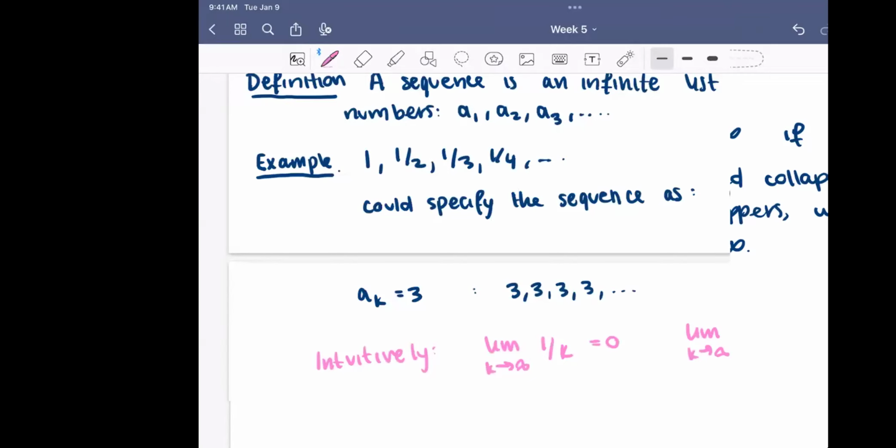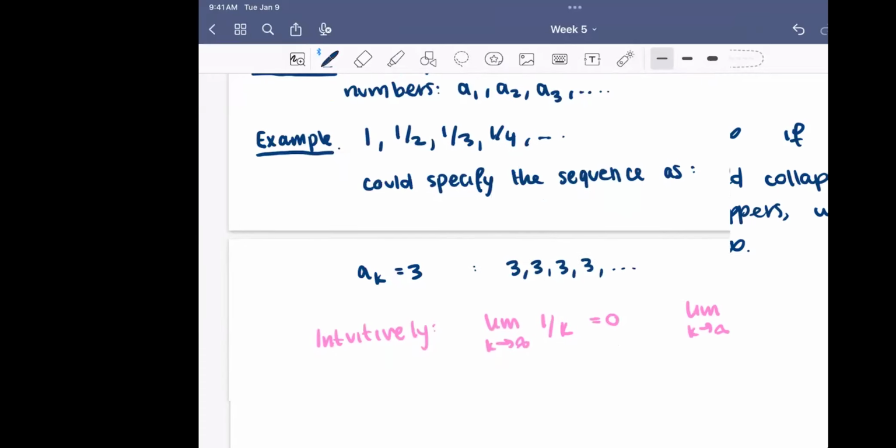We now need slightly different tools than collapsing collections, because here we're taking a discrete set of numbers rather than looking at entire intervals. So here's how we will do this. I'm going to define something called the tail of the sequence.